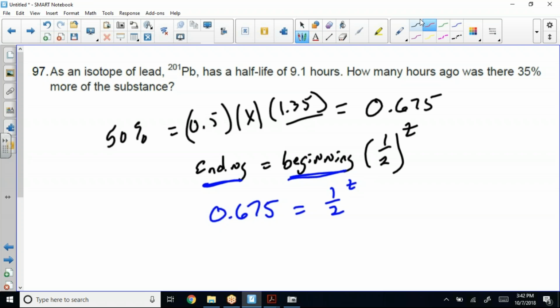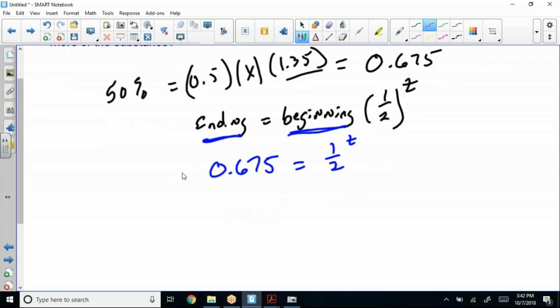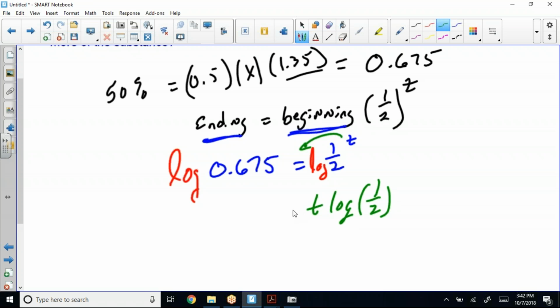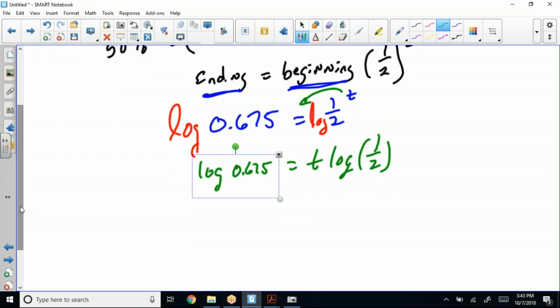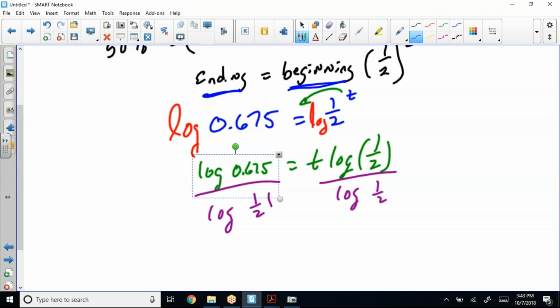We can take natural log, or we can take log, it doesn't really matter to me. We'll take log of both sides and bring the t out in front. So that's t log of 1/2 equals the log of 0.675, and then we divide both sides by log of 1/2, which will give me t.